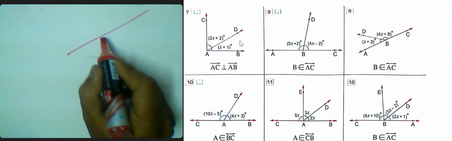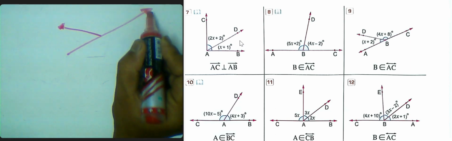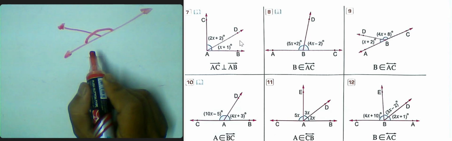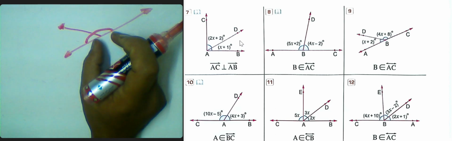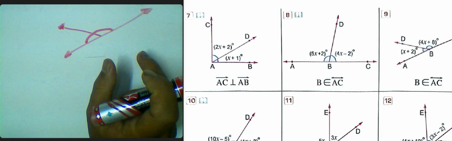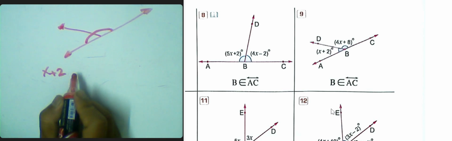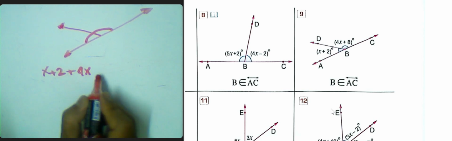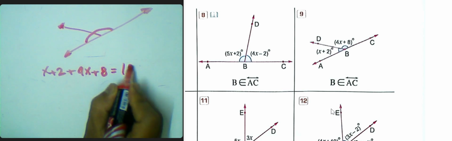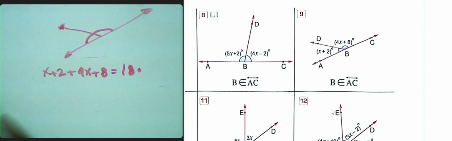Question number 9. We have a straight angle. Supplementary because B belongs to straight line EC here. Then the sum of two angles here will be 180. We can write x plus 8 plus 4x plus 2 will be 180.